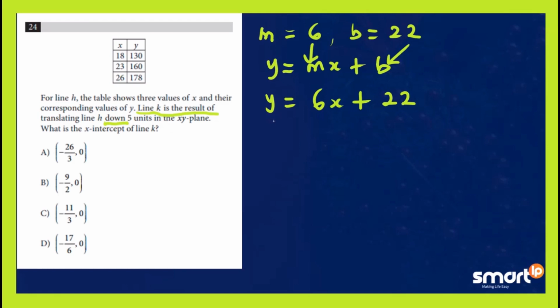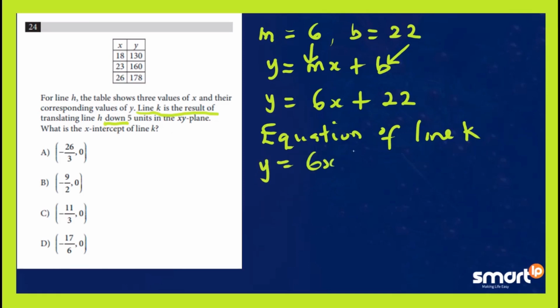Okay, so the equation of line K. That's what we want to determine now. So all you need to write is y equals 6x plus 22, and then you're going to remove 5 units.